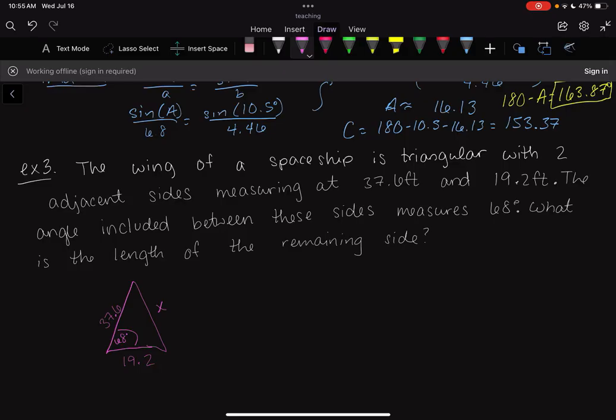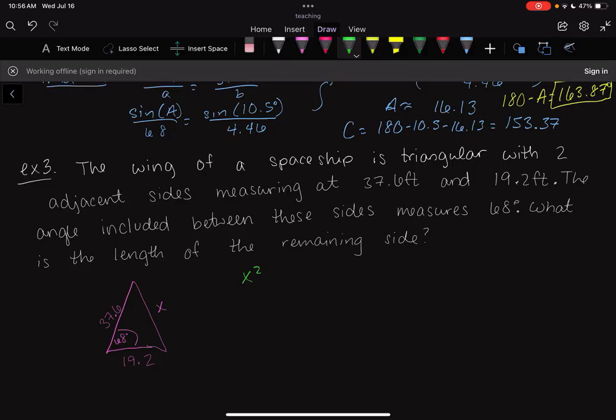And so what we're seeing here is a side angle side relationship, so we're going to have to use law of cosines. You can always try to use law of sines, but without a fully developed ratio, like an angle across from its side, you can't use it. So that's when you would be like, oh, got to use law of cosines. The formulas basically follow a side angle side relationship.